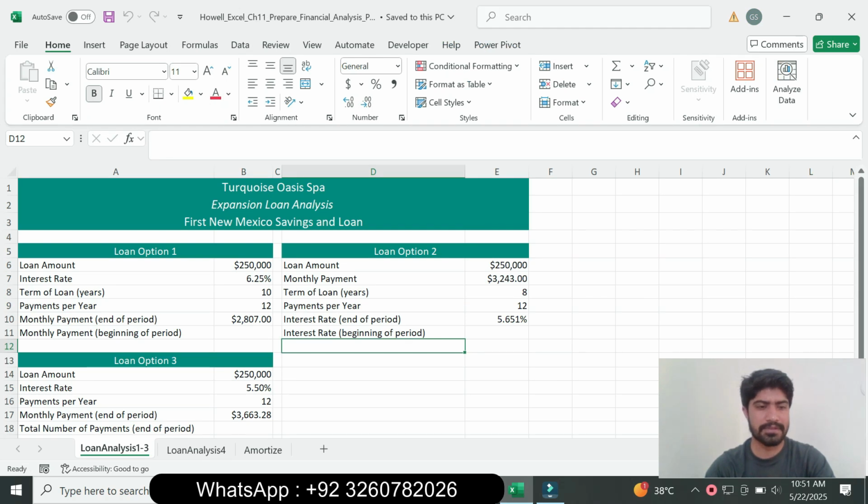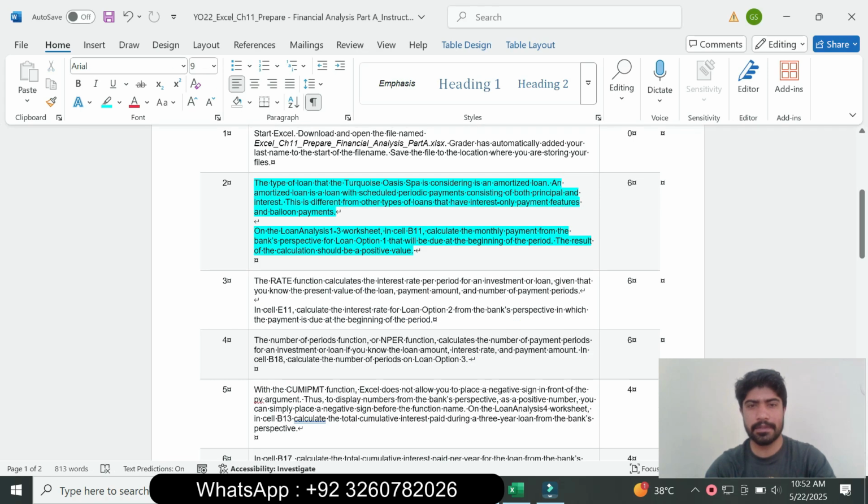So go to the Excel worksheet and go to the Loan Analysis 1 to 3 worksheet.